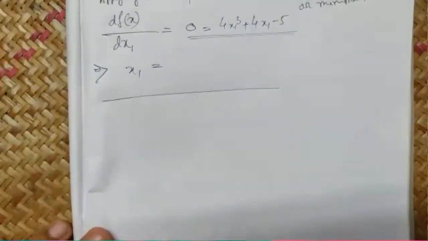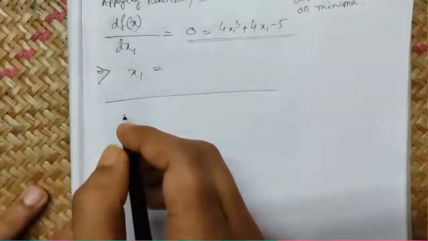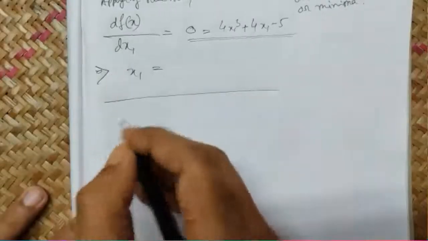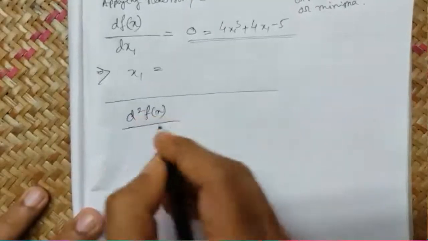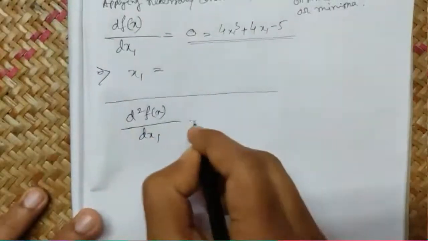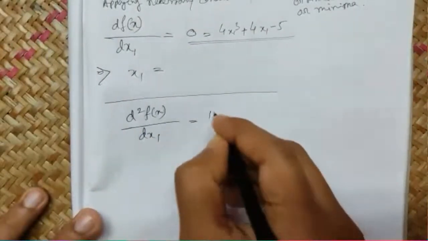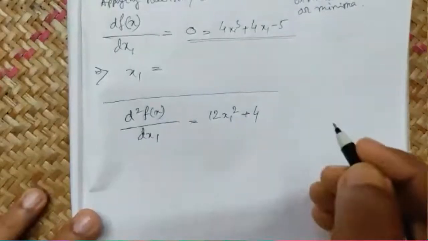For that we apply the sufficient condition. We have to find out the double derivative of fx with respect to x1. Then what we get is 12 x1 square plus 4.